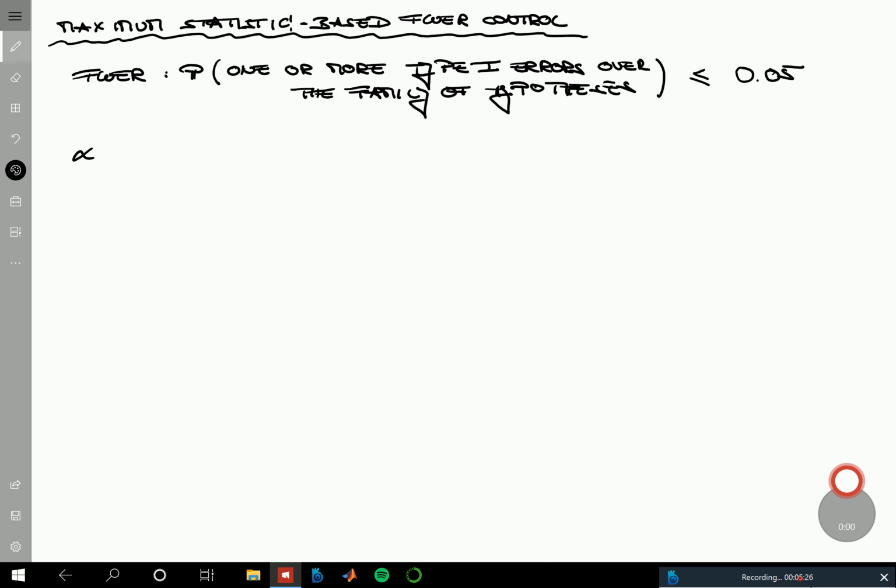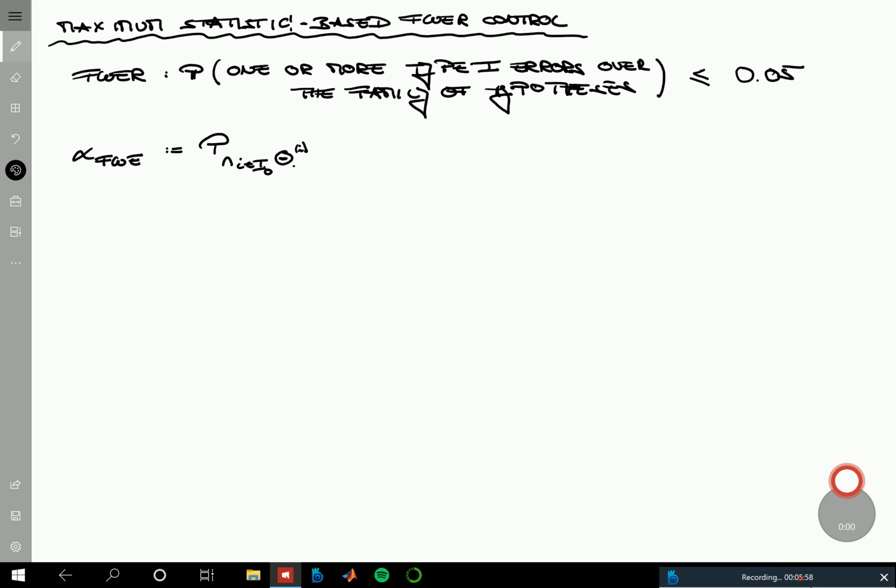So we now define the family-wise error rate, so not the significance level, but the error rate, like the size of a test, the alpha of a test, as the probability, under the assumption that, let's say, over the set of true null hypotheses.